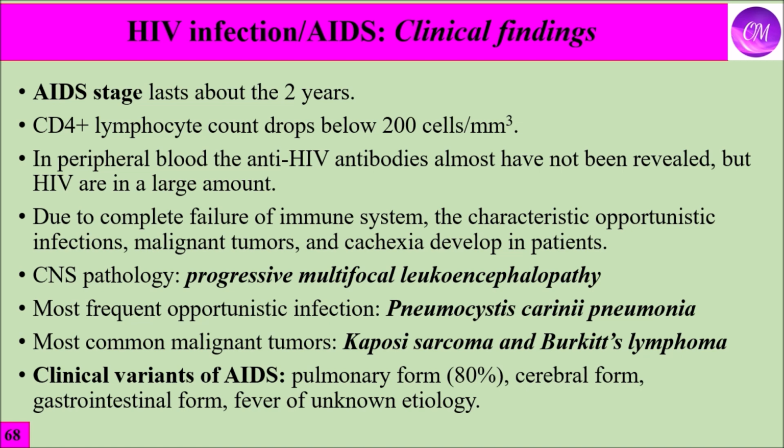Due to complete failure of the immune system, the characteristic opportunistic infections, malignant tumors, and cachexia develop in patients, and from the central nervous system develops the progressive multifocal leukoencephalopathy. The most frequent opportunistic infection is pneumocystis jirovecii pneumonia, and the most common malignant tumors are Kaposi sarcoma and Burkitt's lymphoma. And clinical variants of AIDS: first a pulmonary form in 80%, cerebral form, GI or gastrointestinal form, and fever of unknown etiology.